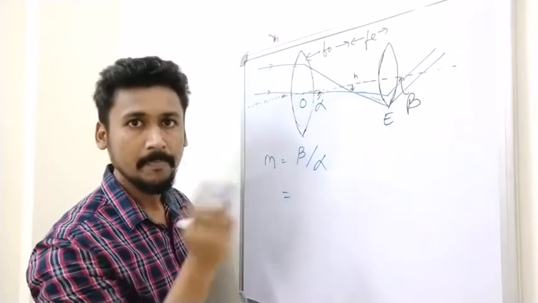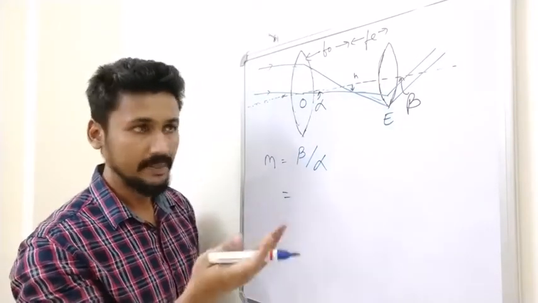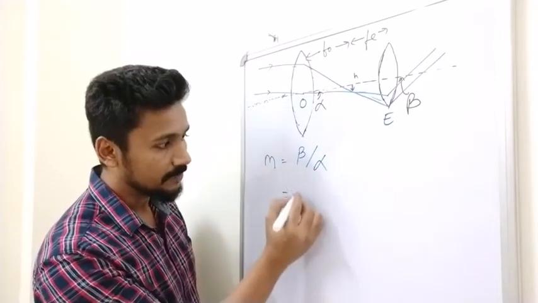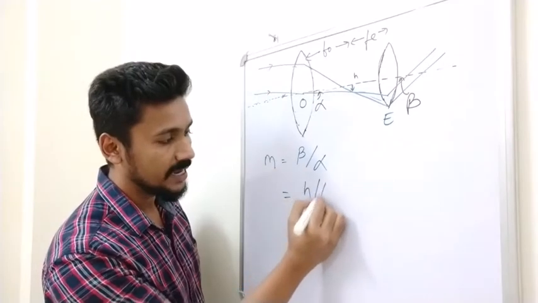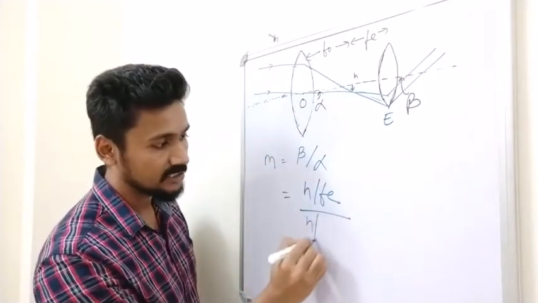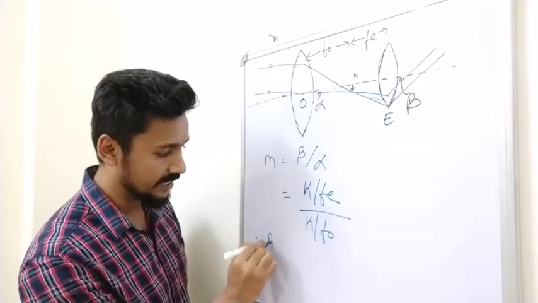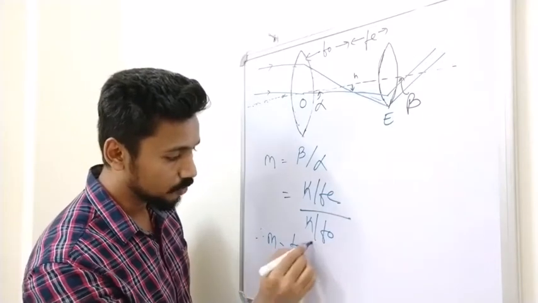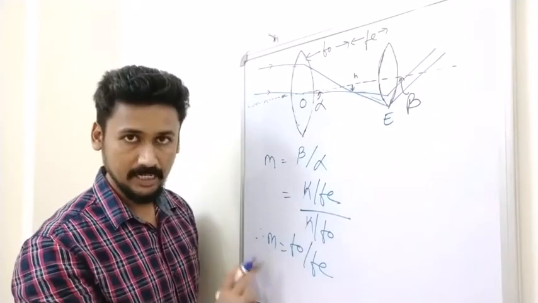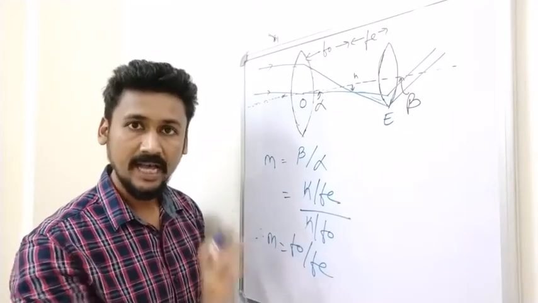So h upon fe, since beta is very small, so instead of tan, we can directly write it as beta. So tan of beta will be equal to beta. So we can write therefore beta is equal to H by FE divided by alpha. Alpha will be equal to H by FO. H will get cancelled and then we get M is equal to FO divided by FE. So magnification by the telescope will be equal to focal length of objective divided by focal length of eyepiece.